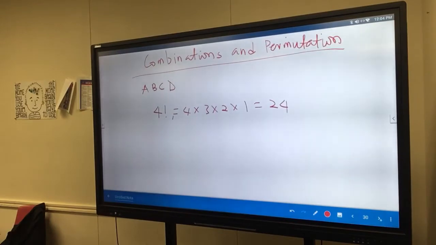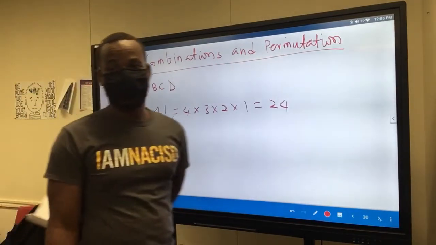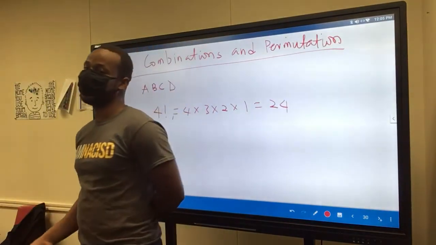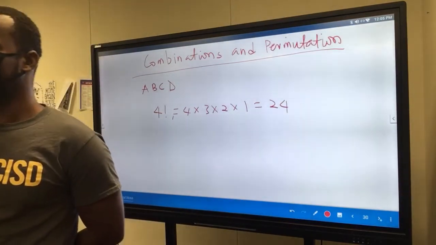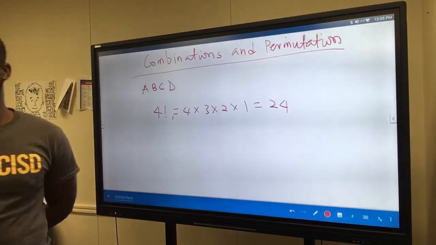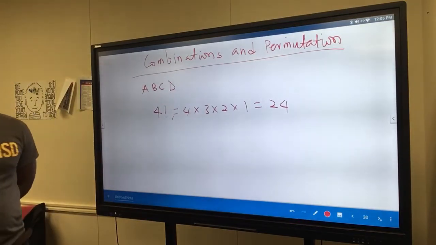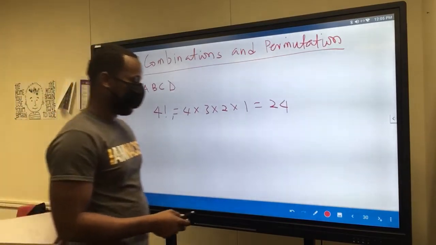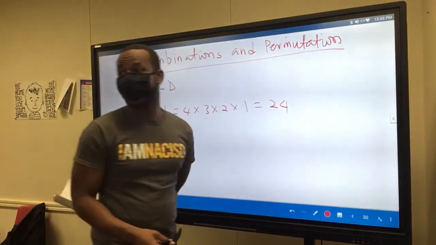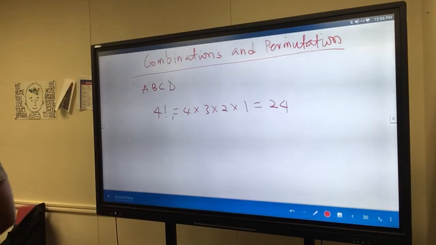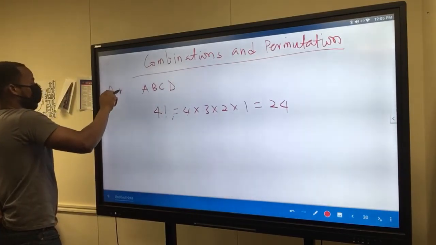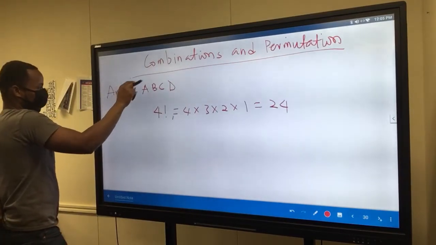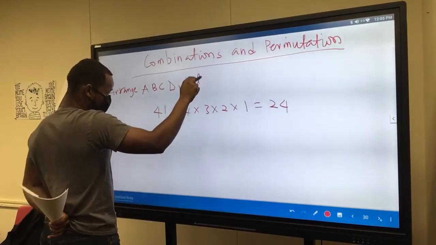Now, what did we say about combination and permutation? Which one is order matters and which one order does not matter? Order matters in permutation, but order does not matter in combinations. So we arrange A, B, C, D, taking all at a time.